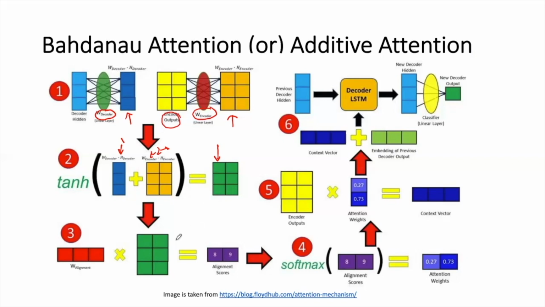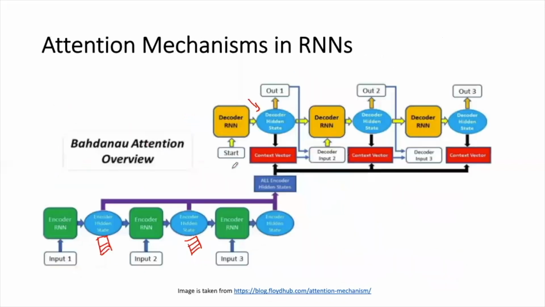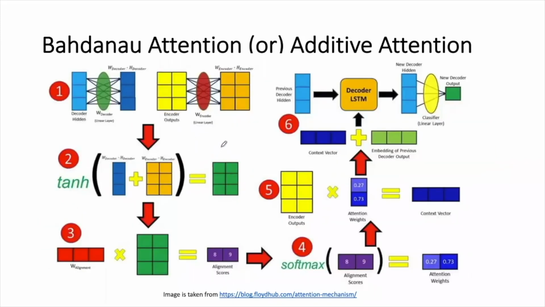If there are two encoder outputs, or two input words, the output generated here will have two columns. In this example we had three inputs, so we'll have a matrix with three columns. Here we have only two columns, because we are considering only two input words.